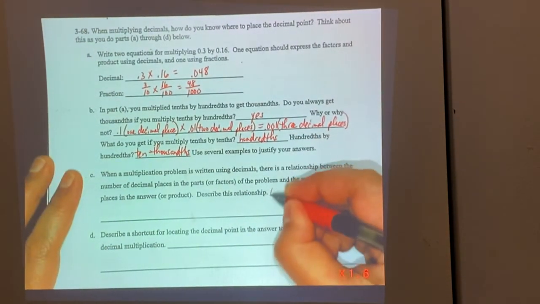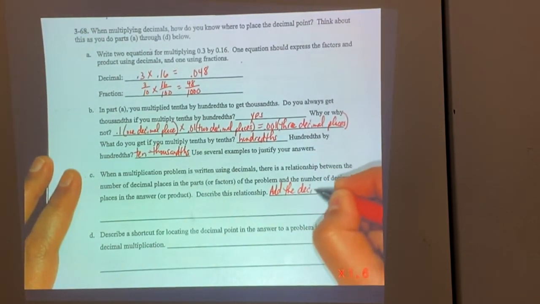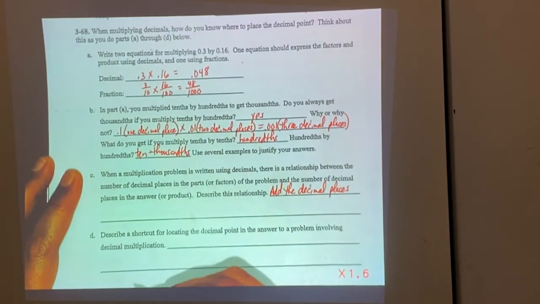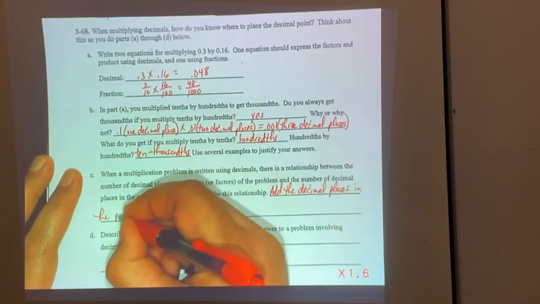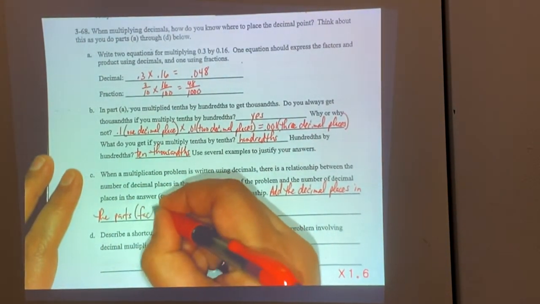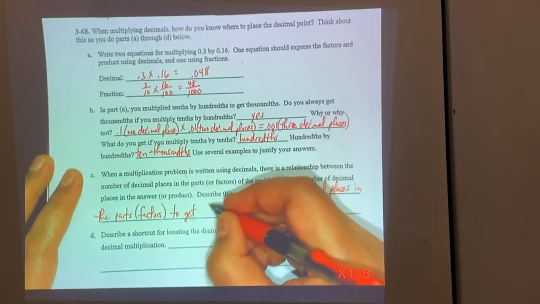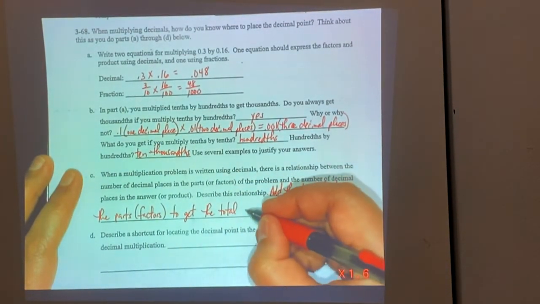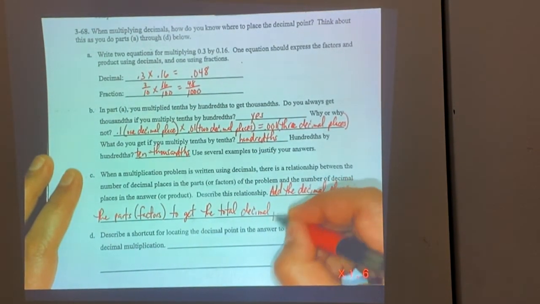Okay, you need to add the decimal places in the parts, that's in the parts or the factors, to get the total decimal places in the answer.